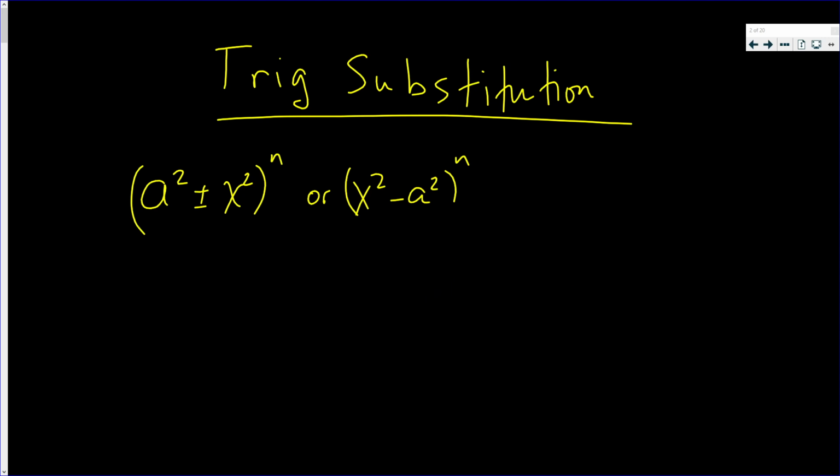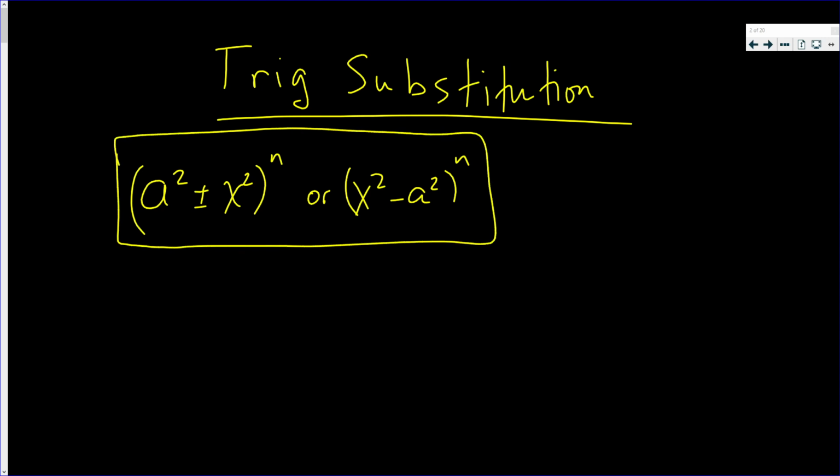Again, it doesn't matter whether you have a square root sign over the a squared plus or minus x squared or the x squared minus a squared. You can have it to the third power. It doesn't matter. These are the only situations where you should even consider trig substitutions.